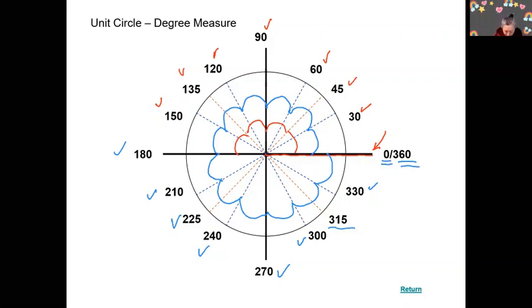And then you definitely know 90, 180, 270, and 0 or 360 there. And then all this, the evenly divided positions of the angles all over the circle, right?